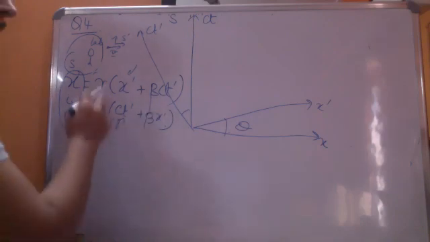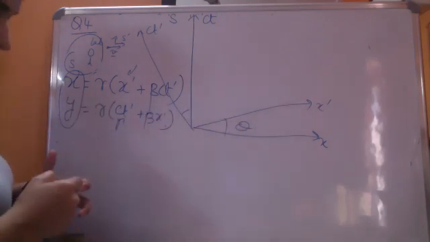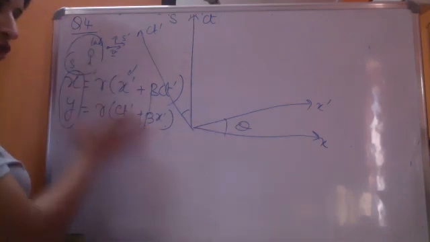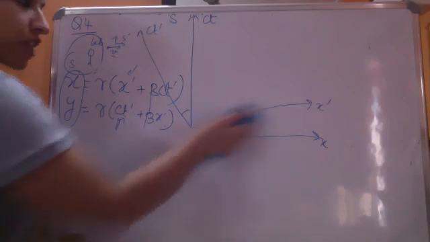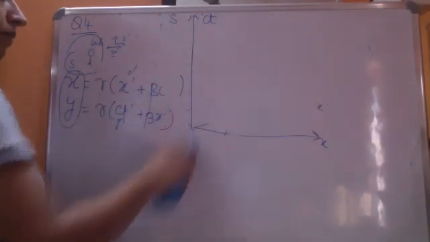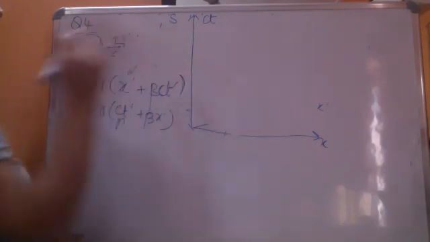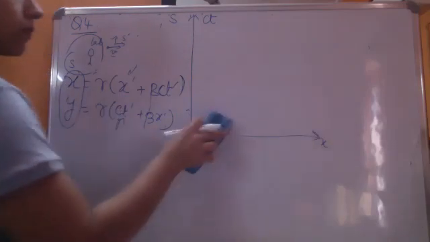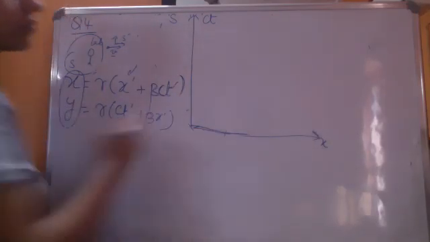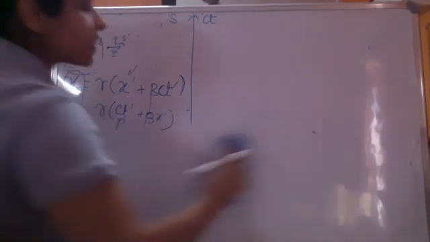Or in other words, I give you the rotation matrix, and I ask you to draw X prime CT prime. Now, I'm doing exactly this problem. I'm giving you a matrix that relates X prime CT prime, and I want you to draw X prime CT prime on X and CT. Do you really understand the problem now?